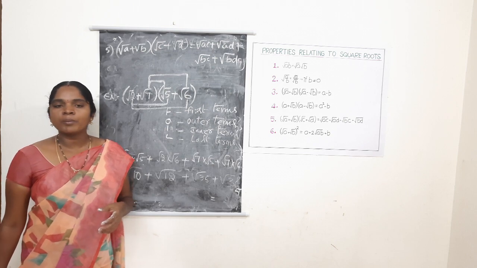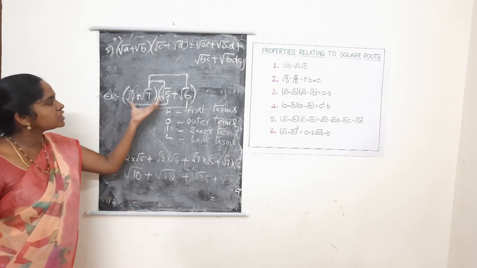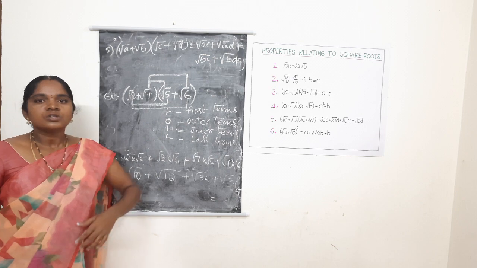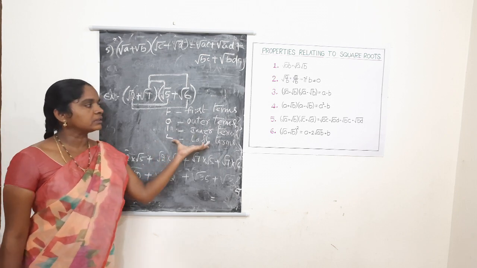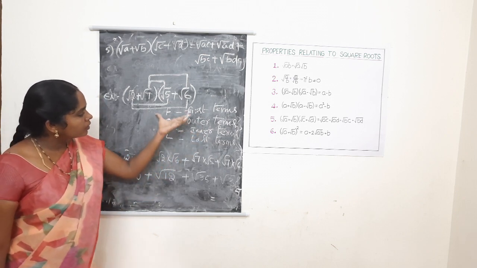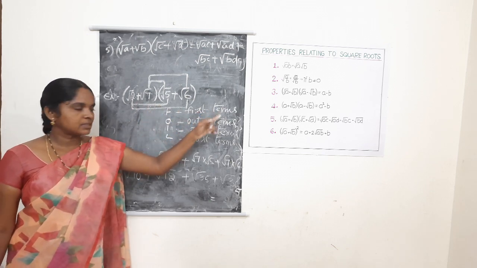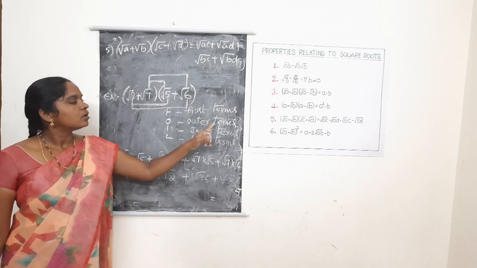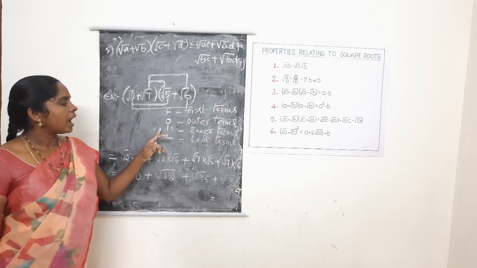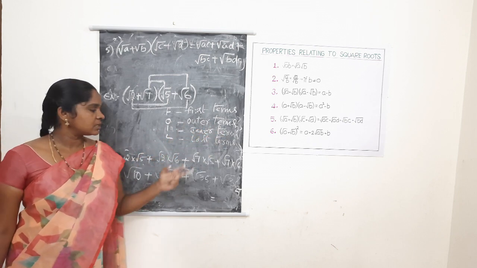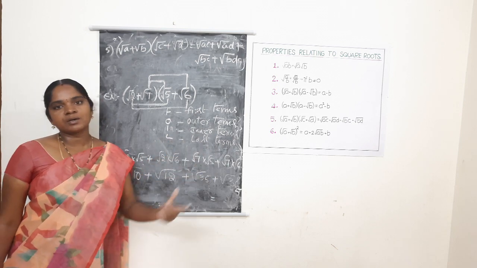These two are binomial expressions. How to multiply these two binomial expressions? We have the FOIL method. FOIL means F is first terms, O is outer terms, I is inner terms, L is last terms.